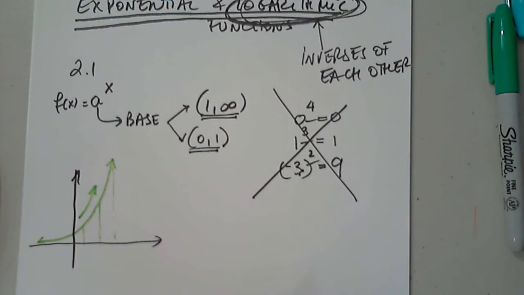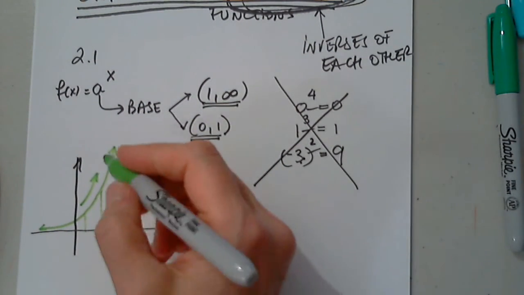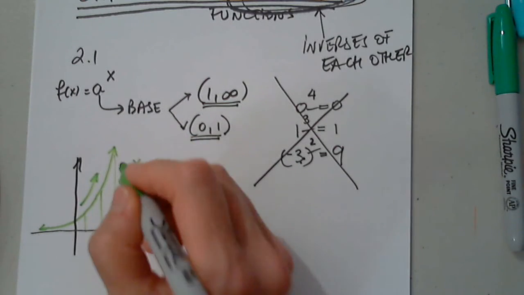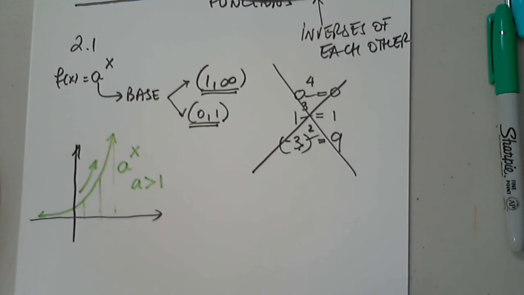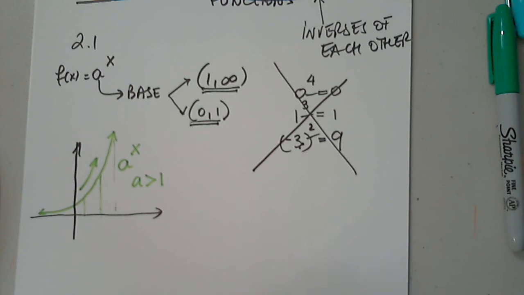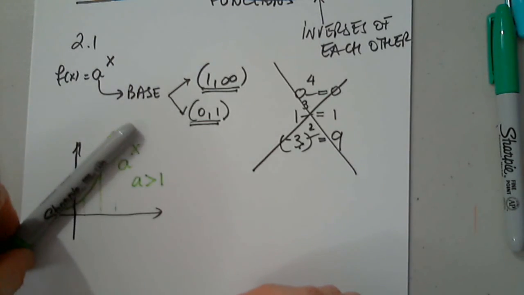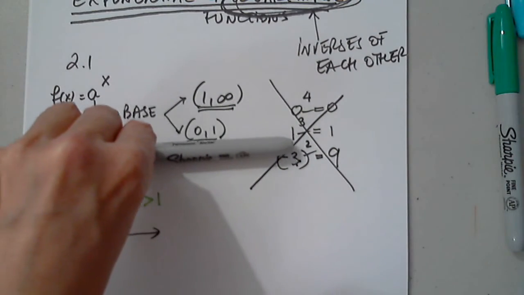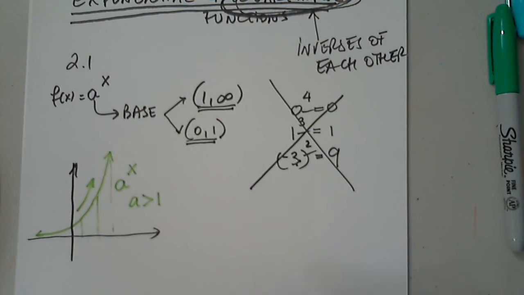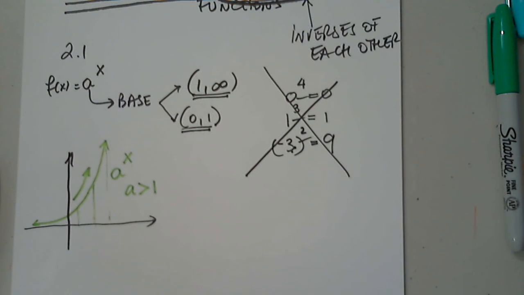Fastest increase. So this is a to the x when a is a base greater than 1. Terrible. That's why they used to say, let's flatten the curve. Flatten the curve. Hopefully we are there, I hope, by now.